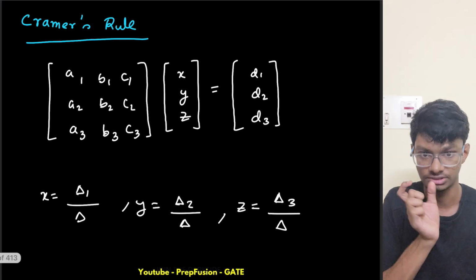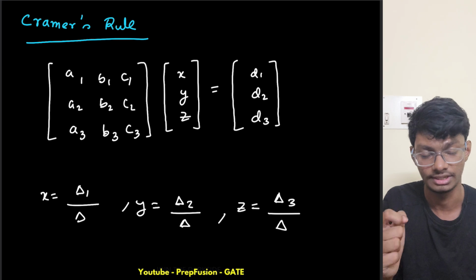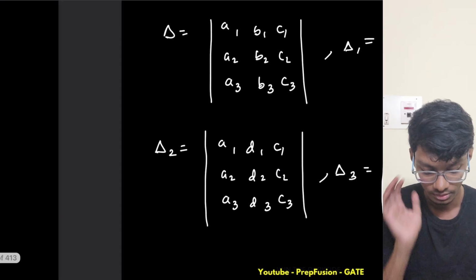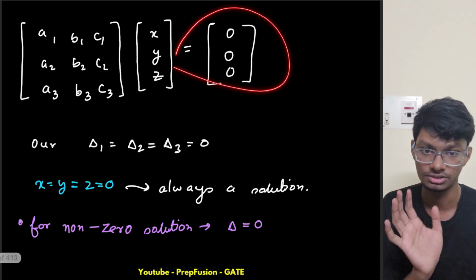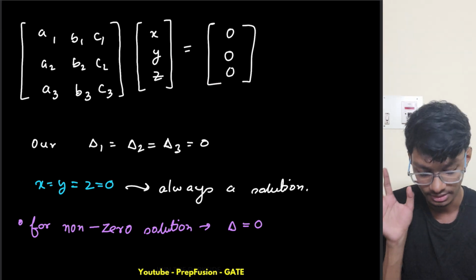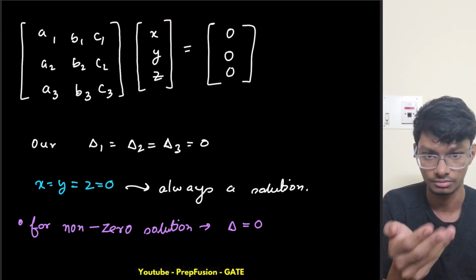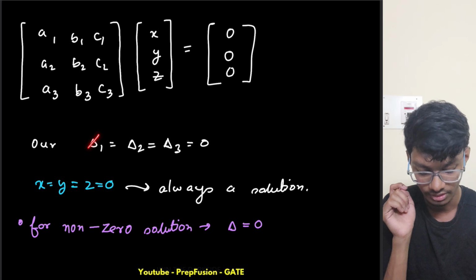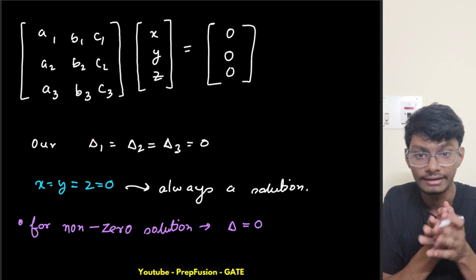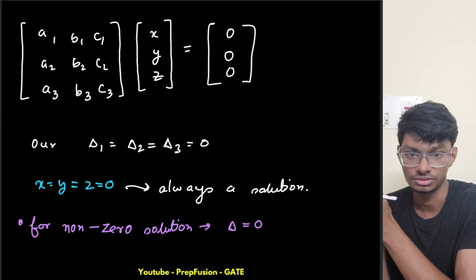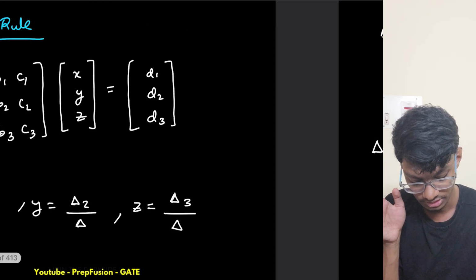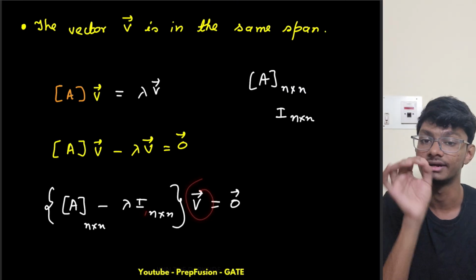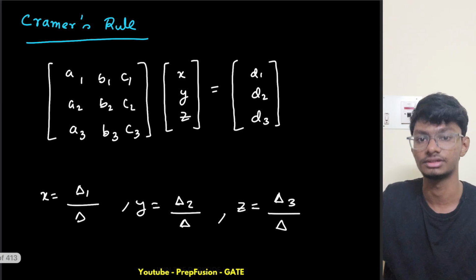So first I explained Cramer's rule to you, and we only need it when this is 0. From there I understand that x equals y equals 0 is always a solution, because delta 1, delta 2, delta 3 will always be 0. But this is simply the null vector, and I'm not interested in this solution, I'm interested in the other solution.